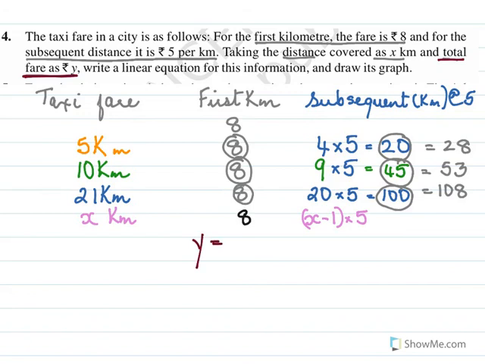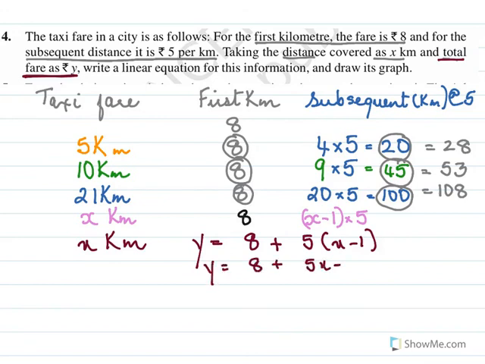So the total fare y for x kilometers would be 8 plus 5 into the remaining kilometers, x minus 1. This is for x kilometers. So y equals 8 plus 5x minus 5. So y equals 8 minus 5, which is 3, plus 5x.